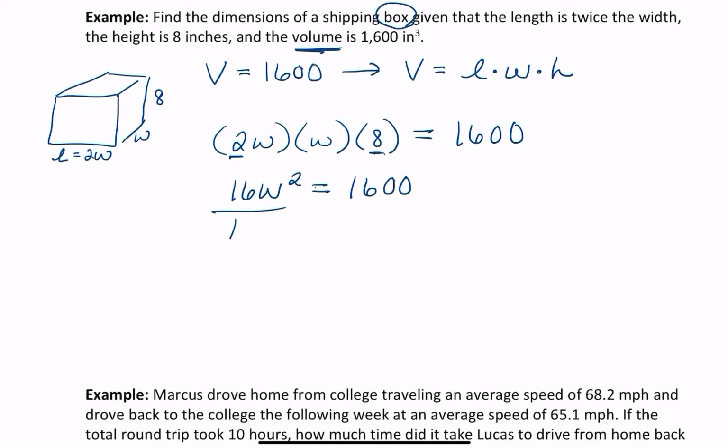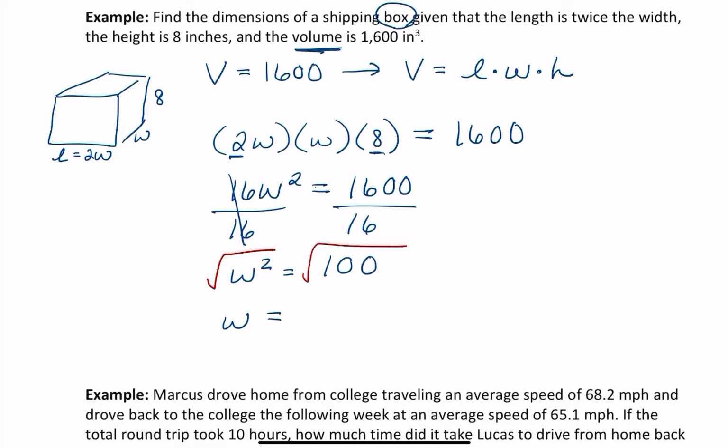You're going to divide both sides by 16, which gives you W squared equals 100. And then to get rid of that squared, I need to square root both sides. If you square root a square, it just gives you back what's underneath. So that gives me W equals, it actually gives me plus or minus 10, but I'm talking about the length of a side, so that's always going to be positive.